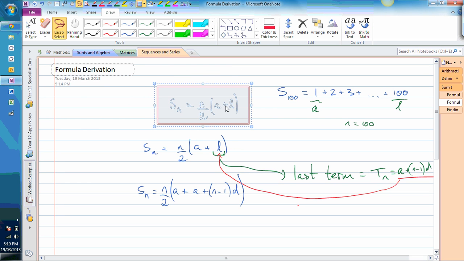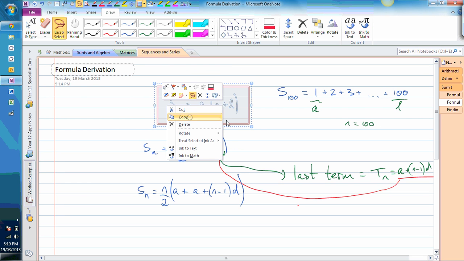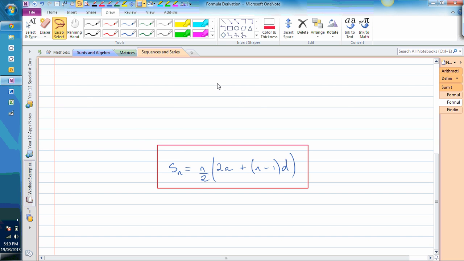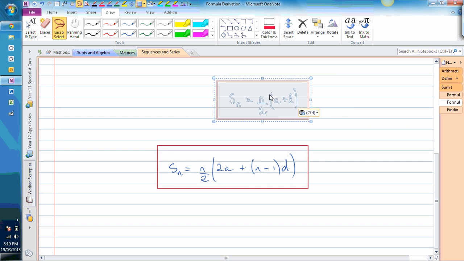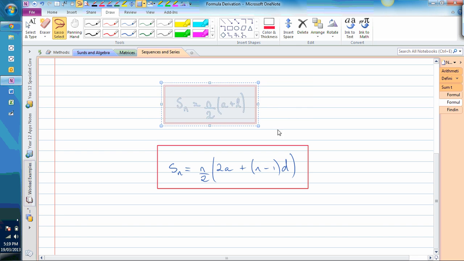I'll take both of these, I'll put them down the bottom, and then we've got a nice summary of them. So I have this form of the equation for situations where I know the first term and the last term and the number of terms. I have this form of the equation when I don't know that last term, but I do know the common difference. Okay, so we'll write that over to the side here.